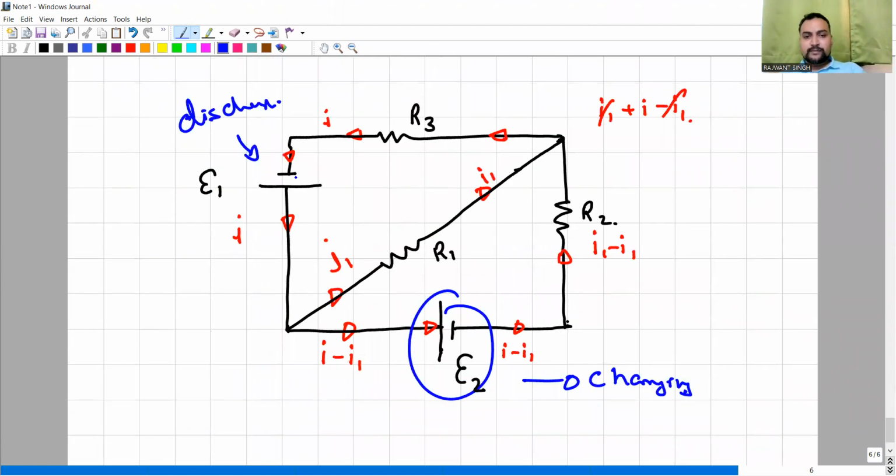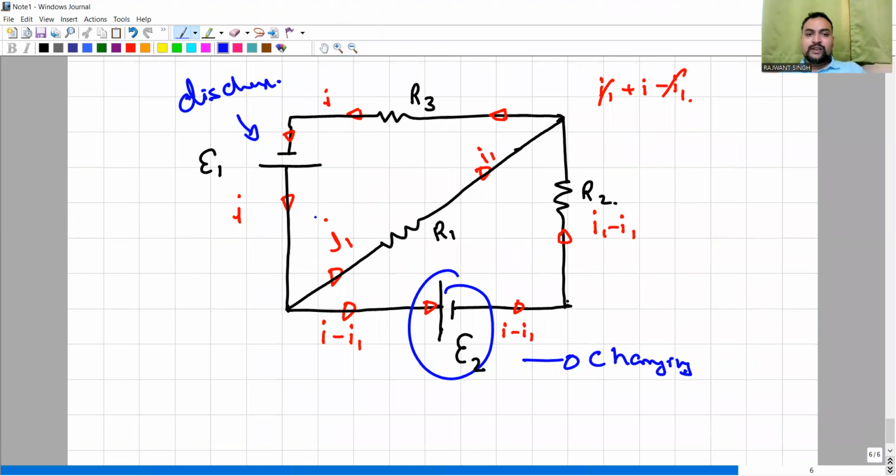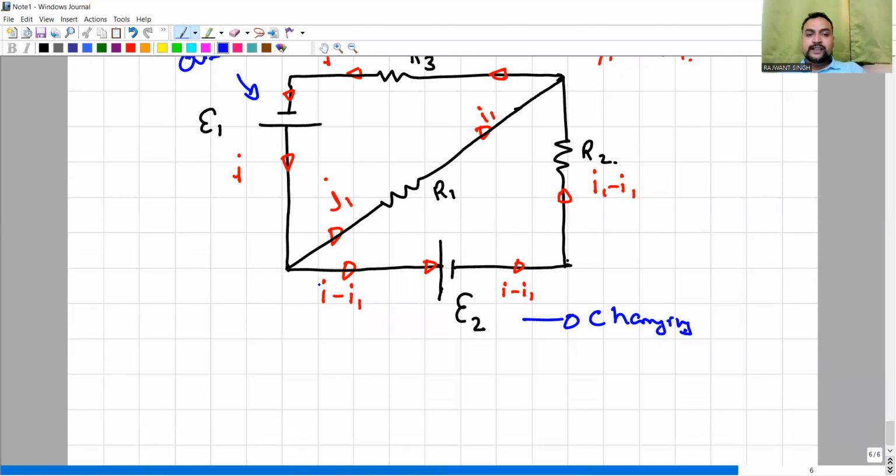If you assume this case and solve your problem, and the direction of the current comes out to be a negative value, let's say I minus I1 is minus 2 ampere, that means the direction that you have assumed is not the actual direction. The actual direction is the opposite.